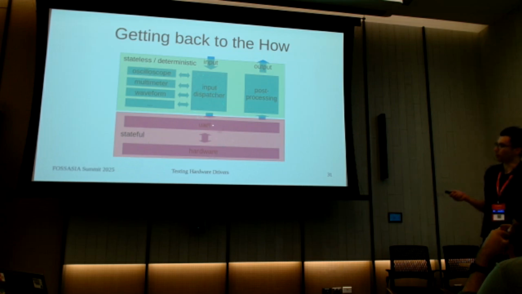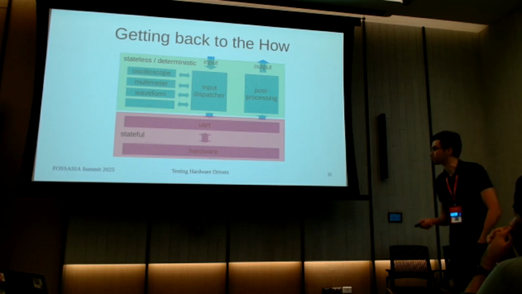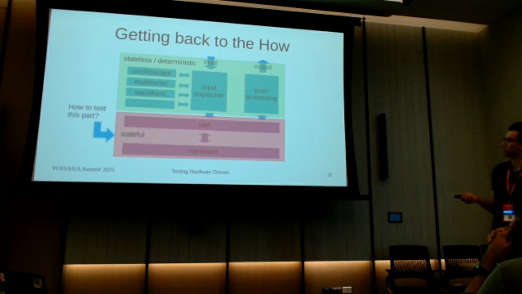And once the hardware responds, you don't propagate that back up to the same function. Instead, you call something else. And in this case, all of these just have a very simple input-output, deterministic, stateless, easily testable. But what about this part? We still have state. How do we test this?